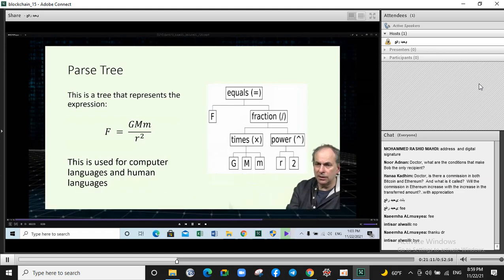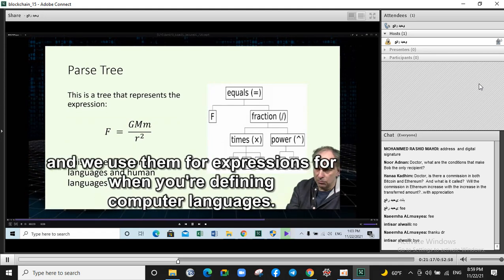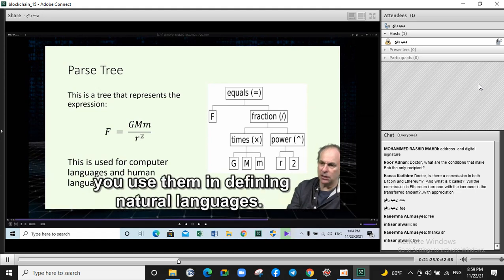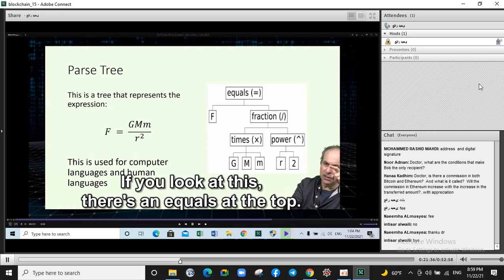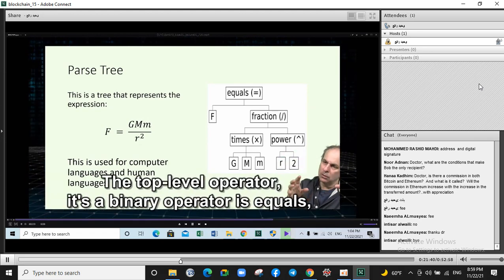I'm just going to show you a few of them. This is called a parse tree. A parse tree is a tree that represents expressions, and we use them for expressions when you're defining computer languages, for example. If you're a linguist, you use them in defining natural languages. This is a parse tree for a mathematical expression. If you look at this, there's an equals at the top.